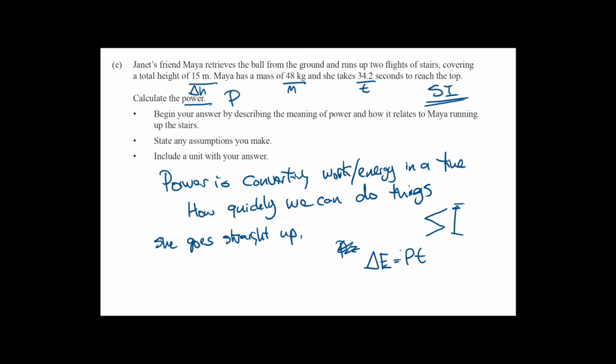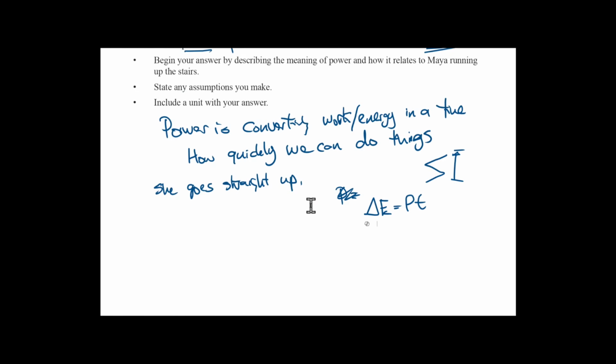Now, first thing we need to work out is the energy. So I guess the other thing we could say is that all of the energy is converted from potential energy to kinetic energy into potential energy. So first thing we have to work out is this change in energy.